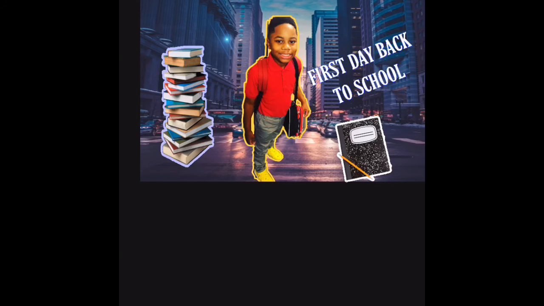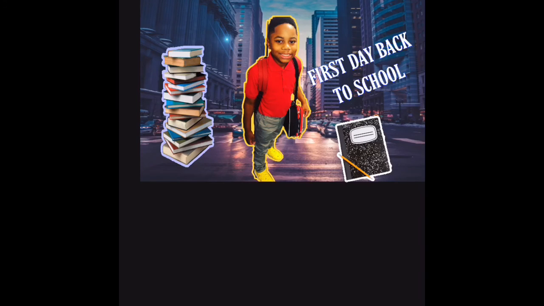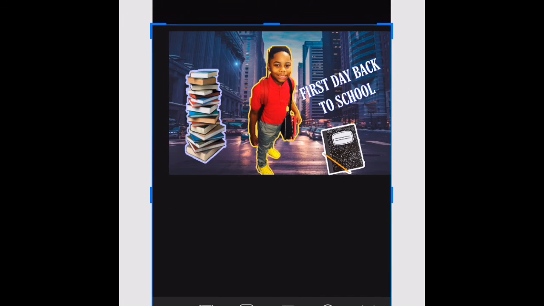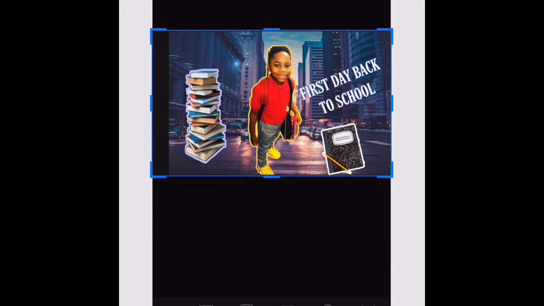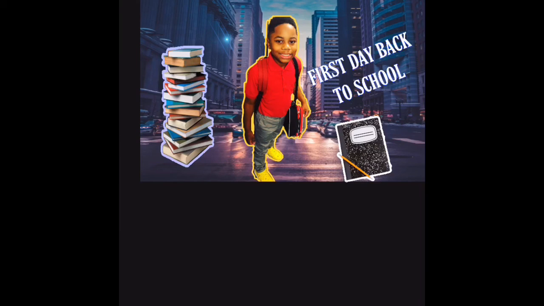This keeps coming up, guys. Sometimes I don't know if it tries to trick you to subscribe to the gold, but I just exit out. And if it continues to come up and won't let me do anything else, I'll just screenshot the photo and crop it and save it into my photos. And if I want to do some more updating with it, I'll load it back in there.